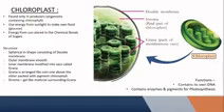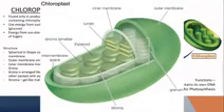These are the structures which absorb sunlight to make their own food. The energy they receive is from the sun, with which they prepare their food, which is nothing but glucose.